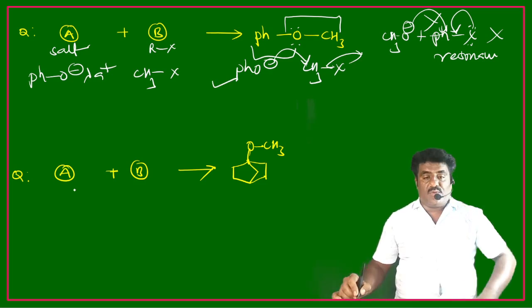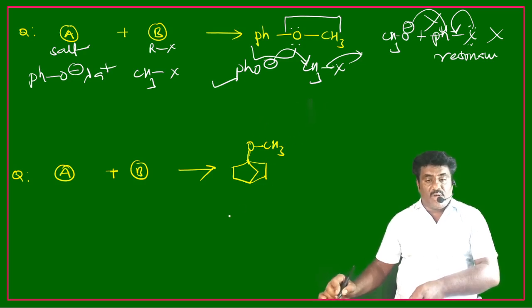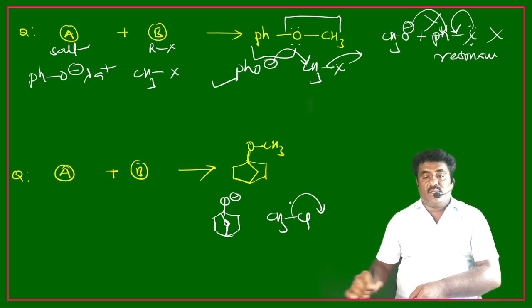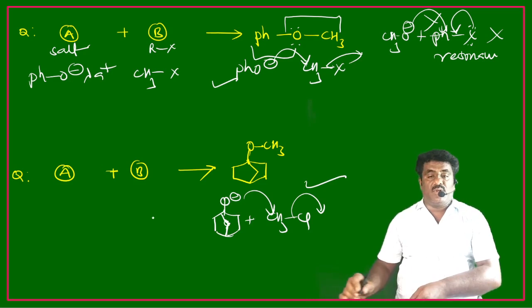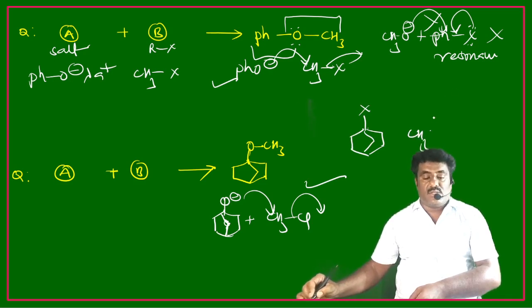Now coming to this one, A and B to give the product. First I write the possibilities: PhO minus and CH3Cl. Cl leaves, and the O minus attacks on CH3. Is it possible? Yes. Now the next possibility: PhX with CH3O minus.